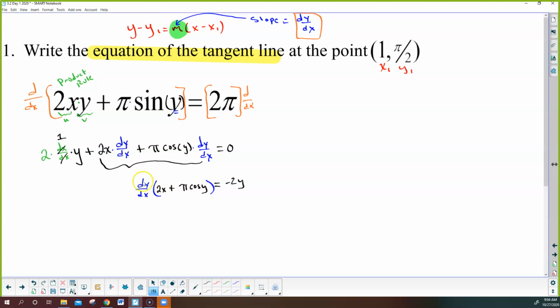Remember, our whole goal is to get the dy dx by itself. All right, well, this is dy dx times this whole piece. So if I need to move this whole piece over to the other side, it's going to be divided.